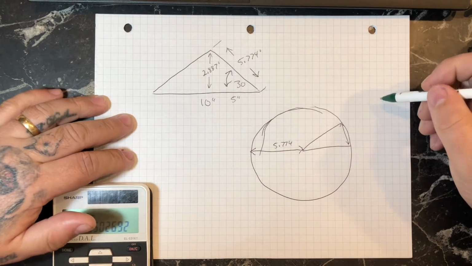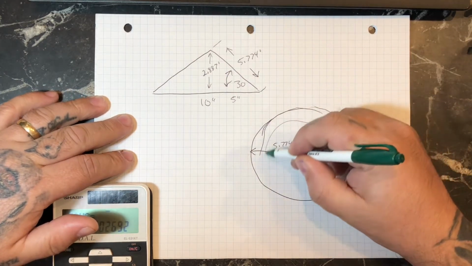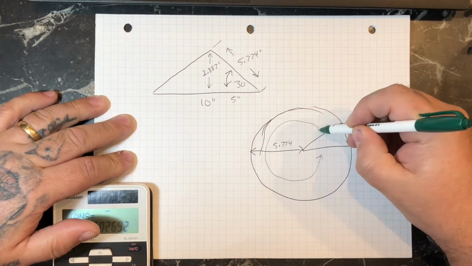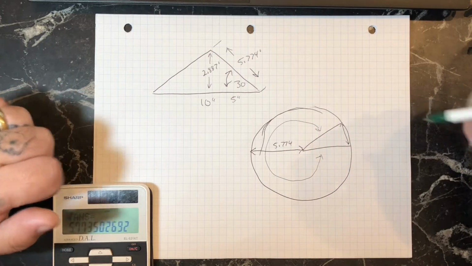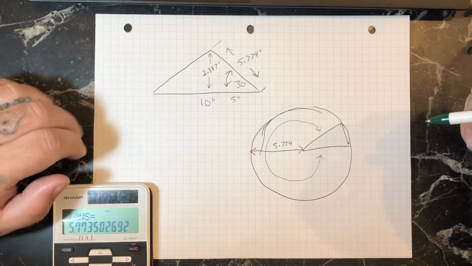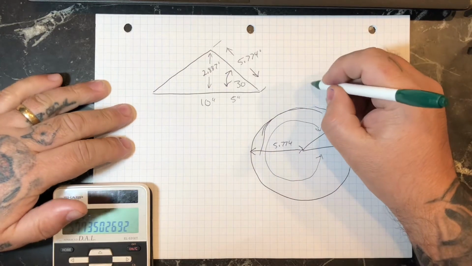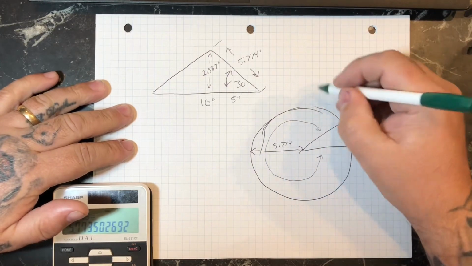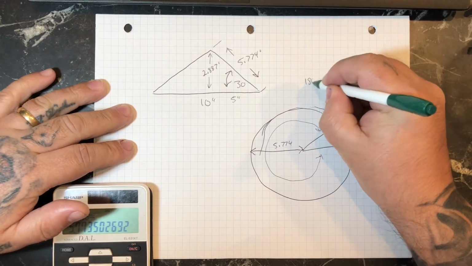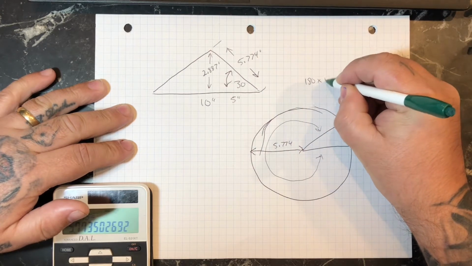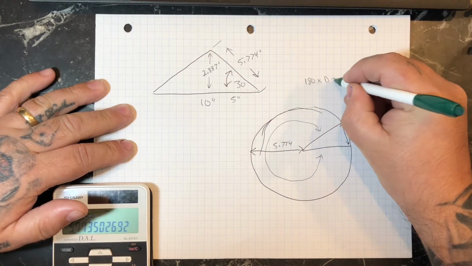So the first thing I need to find is this angle here. That's going to be from that radial line worksheet. The formula for that, the stretch out angle, is 180 times diameter divided by slant height.